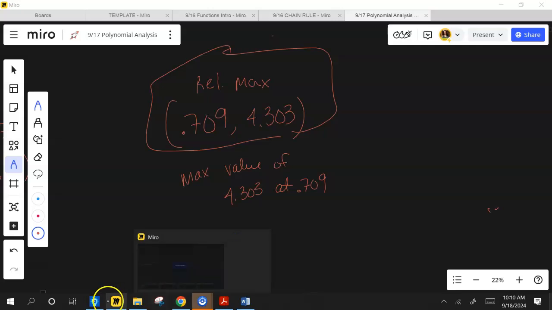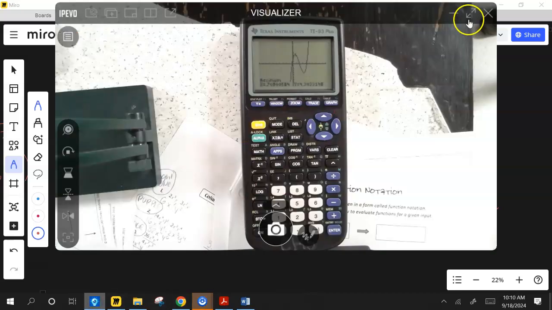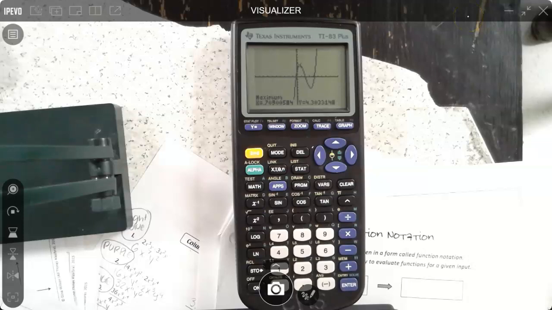All right, now go to your calculator and find the minimum. Second trace. All right. If you're having trouble, let me go with you.